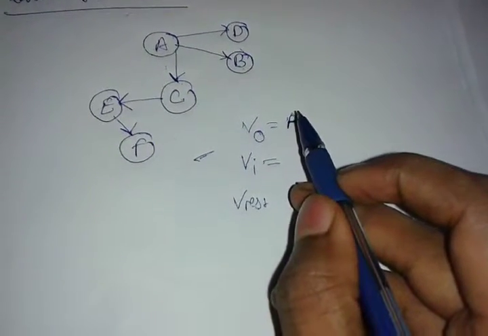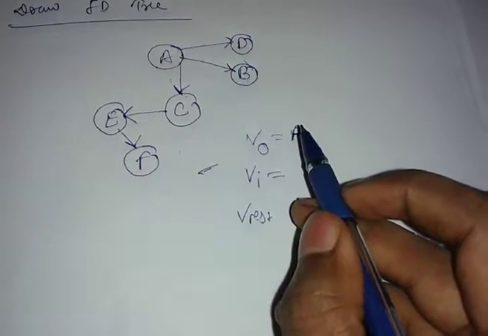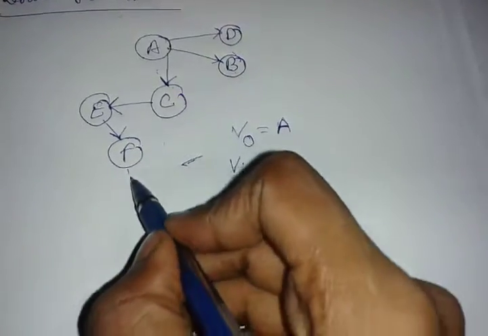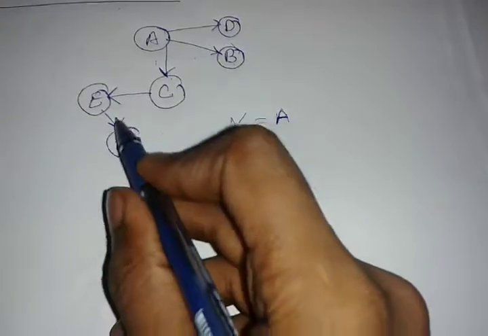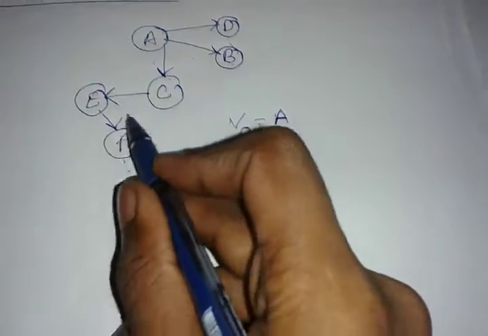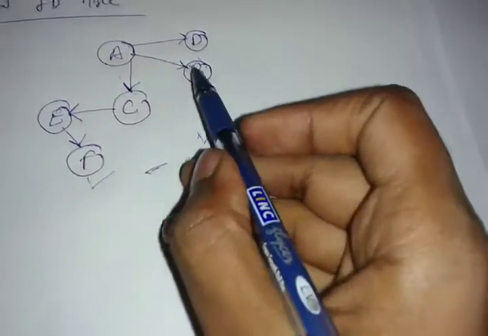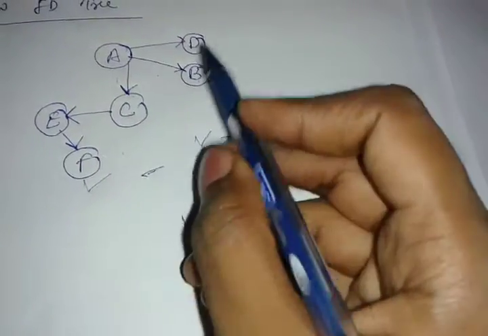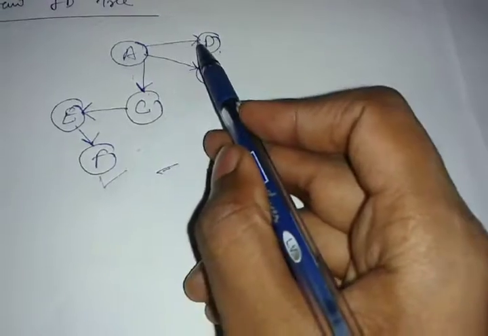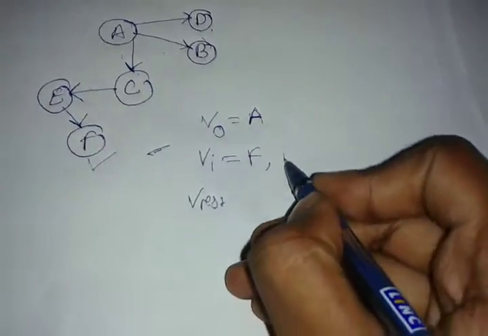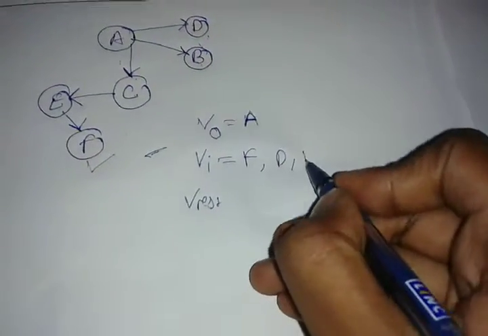Fine. So we can select only those nodes which have only incoming arrows. Like here we have this node F. This has only one arrow which is coming in and no outgoing arrow. So we can write here F. In a similar manner we can see D has only incoming arrows, B has only incoming arrows. So here I can also write D and B.